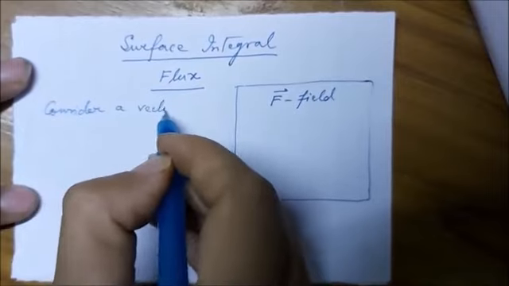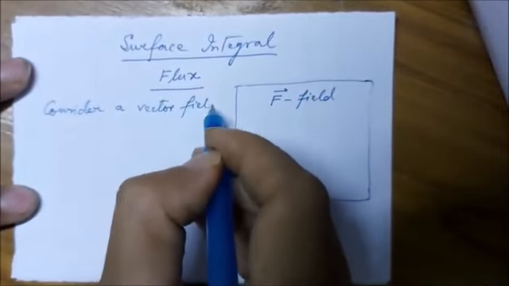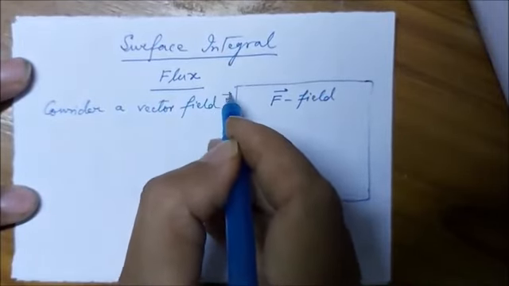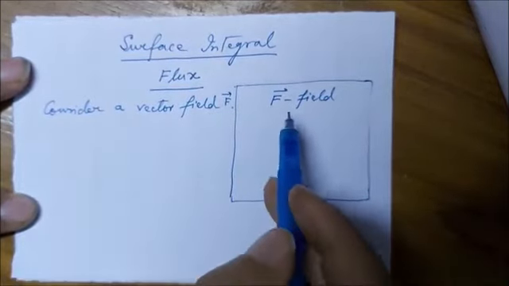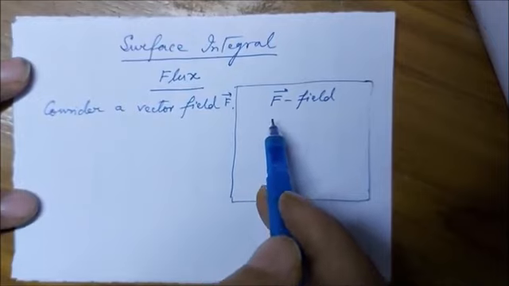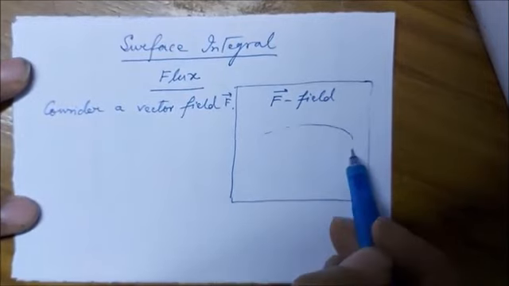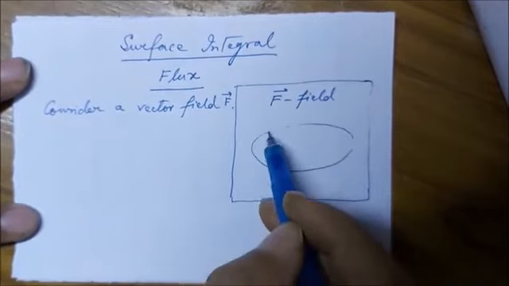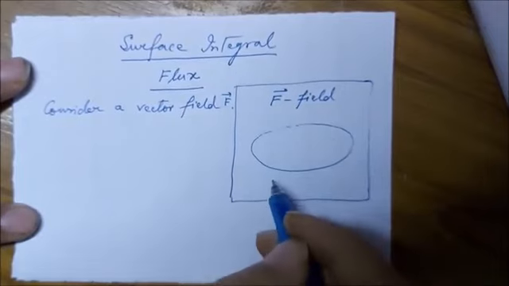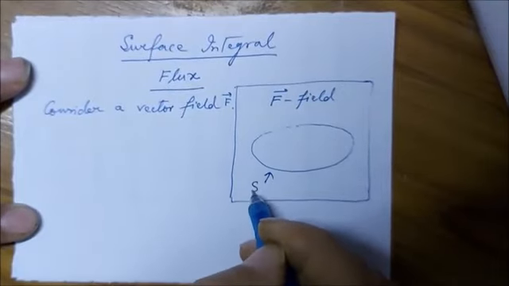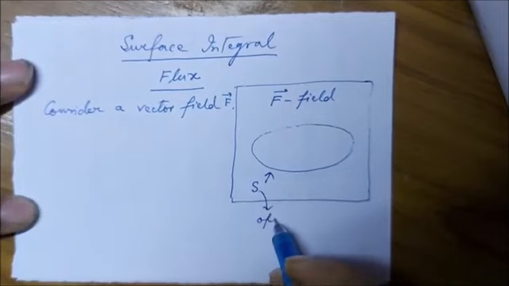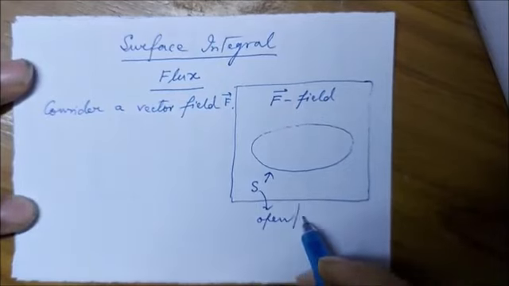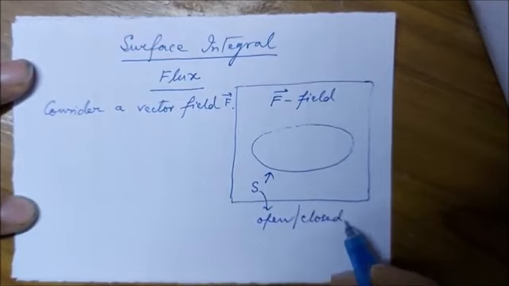Consider a vector field vector F. In this region where vector F is defined, let us consider a surface, say S. This surface S may be an open surface or maybe a closed surface, whatever.